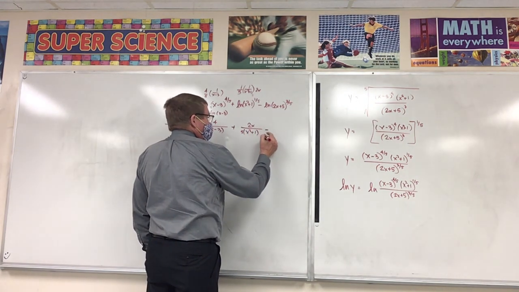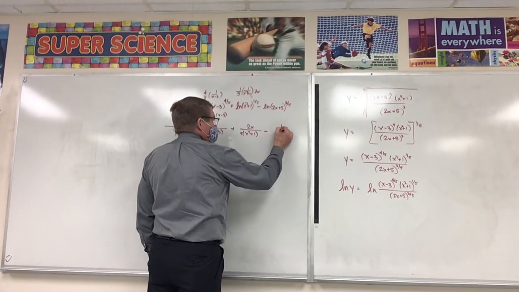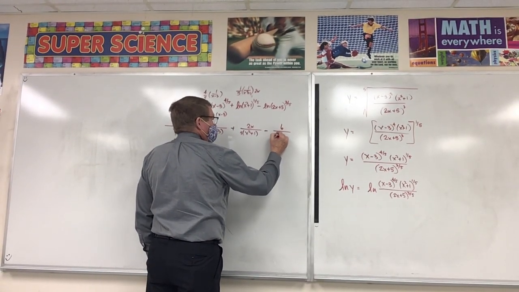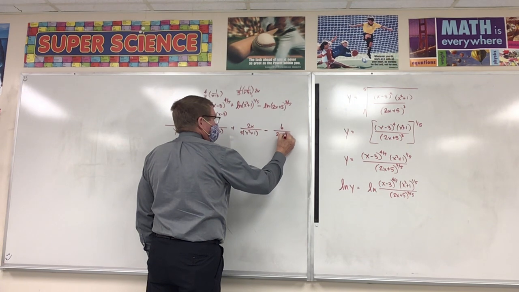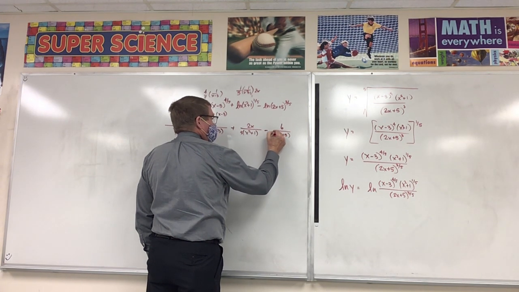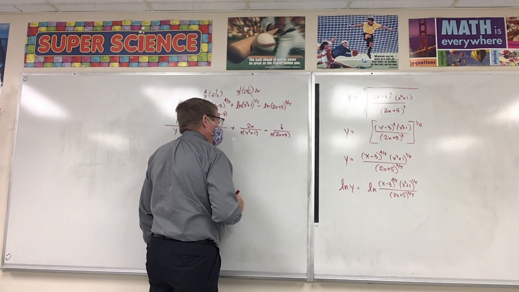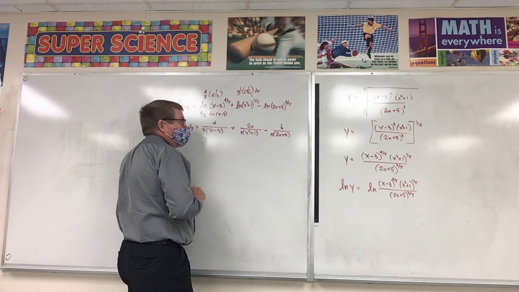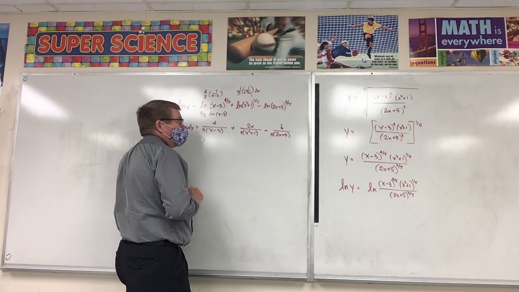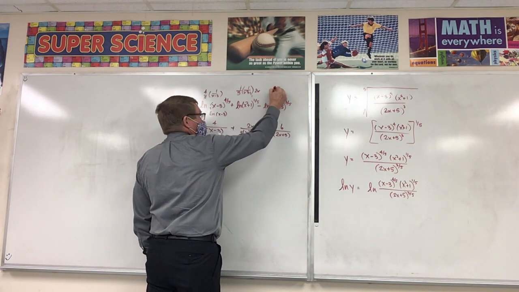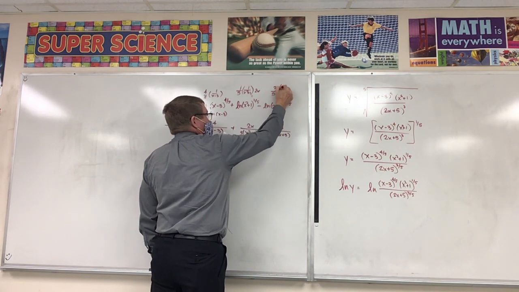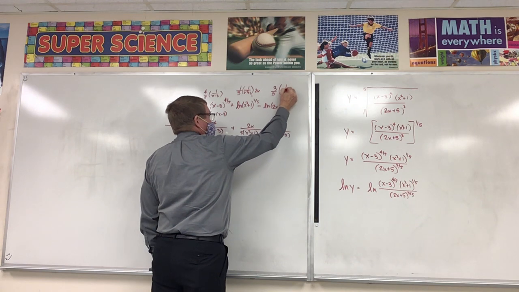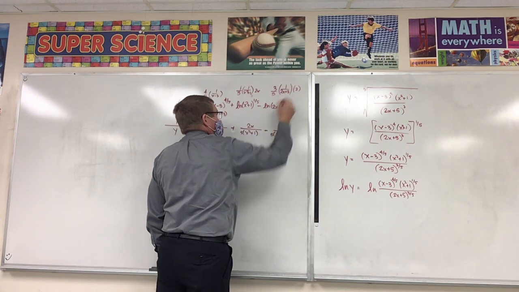And then this would be minus 6 over 5 times 2x plus 5. Again, this is 3/5 times 1 over 2x plus 5 times 2.